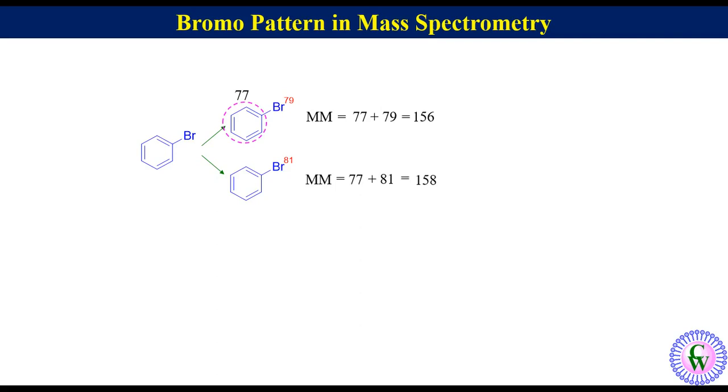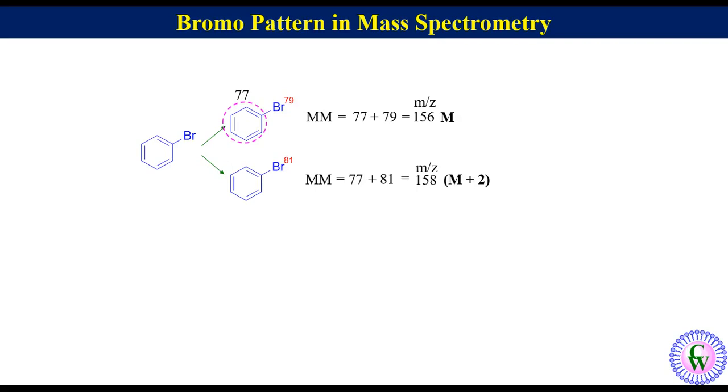In the mass spectrum, there will be two molecular ion peaks, one with m/z 156 and the other with m/z 158. So the peak with m/z 156 will be M, and that with m/z 158 will be the M plus 2 peak.